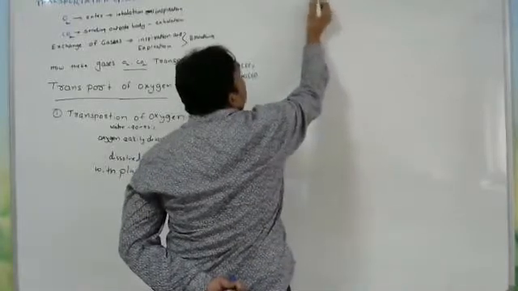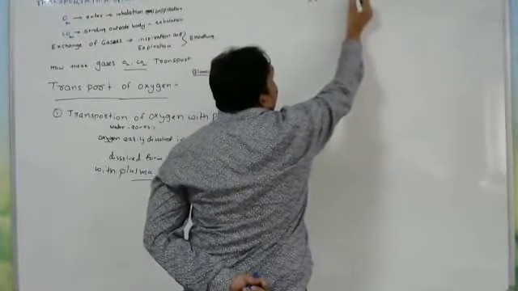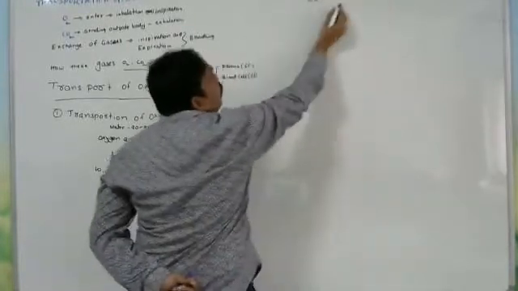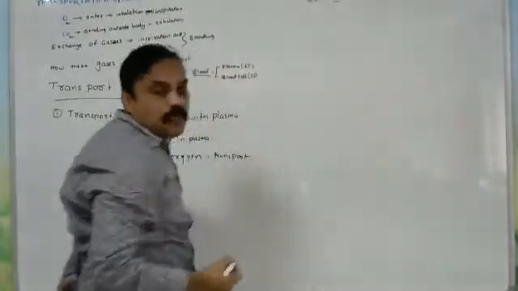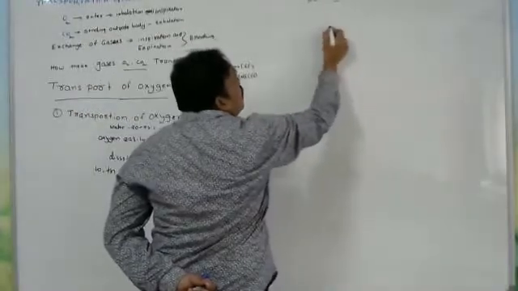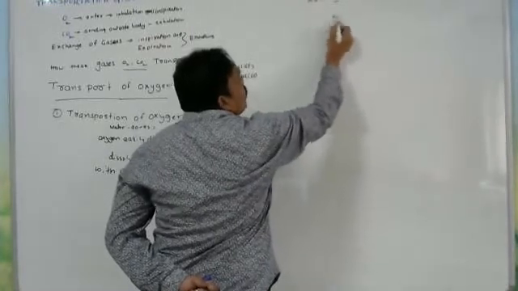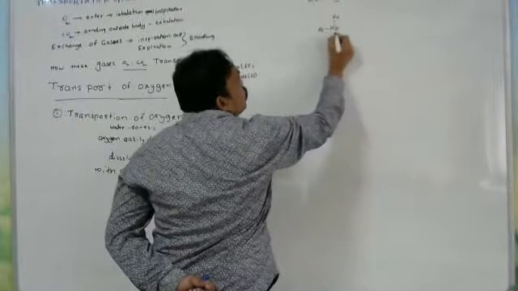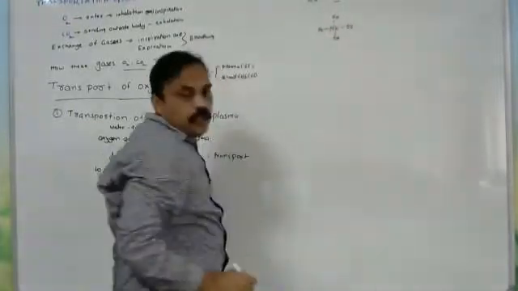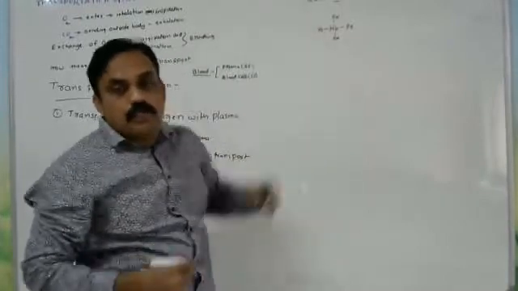In RBC, hemoglobin is there. Hemoglobin is the pigment, the cause of color. One hemoglobin is made up of 4 iron molecules, 4 ferrous molecules.